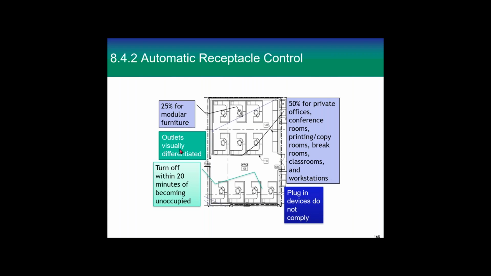The plugs should be visually differentiated so everybody knows that when they leave, that plug's going to go dead. And for modular furniture, if it's just got one whip to it, then 25% of the plugs in modular furniture would go off. If you put in a power strip, it does not comply.